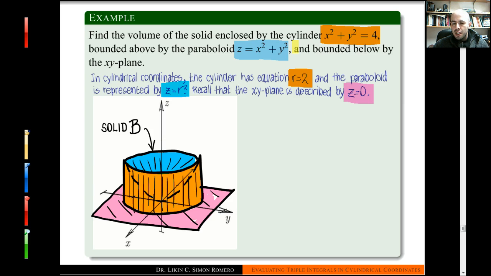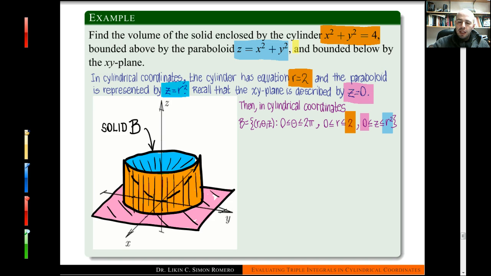Remember, we have to change everything into cylindrical coordinates. So r equals 2 because r squared is equal to 4, so r is equal to 2. The paraboloid is represented by z equal to r squared, and the xy plane is described by z equal to 0. So notice that now everything has either r's, thetas, and z's.